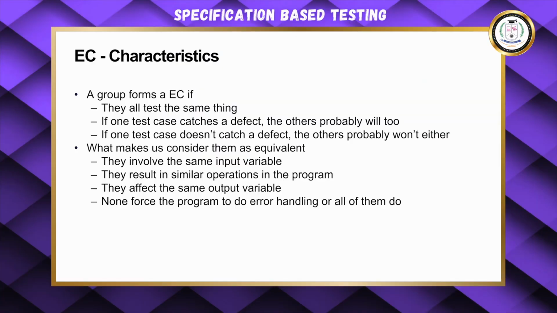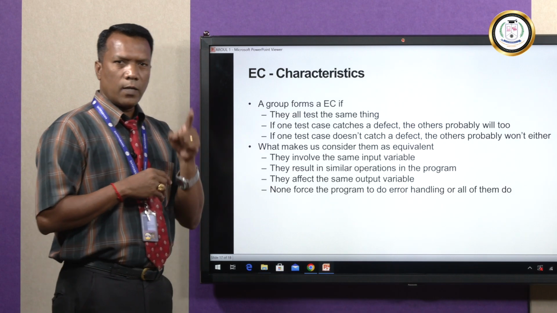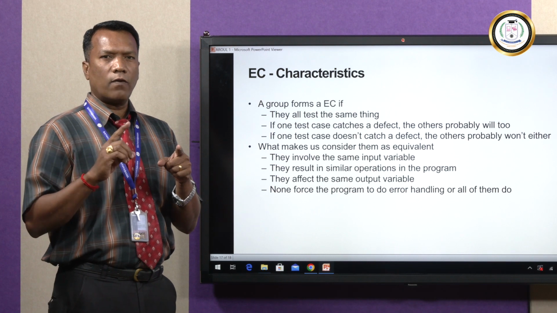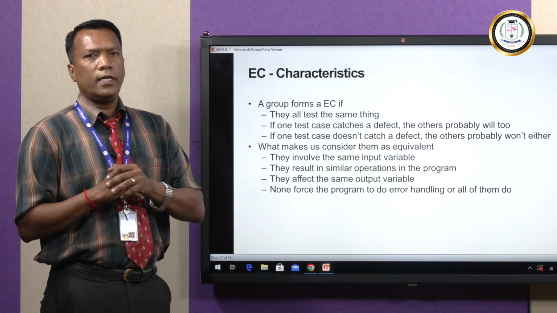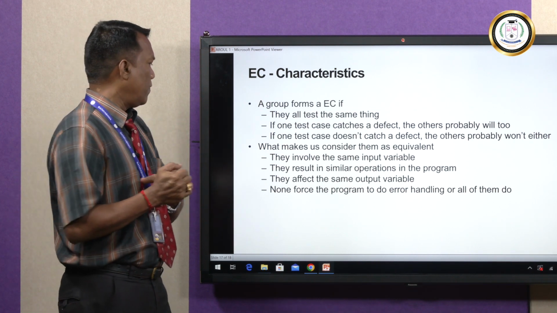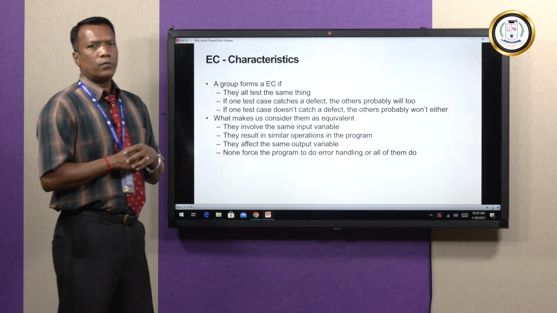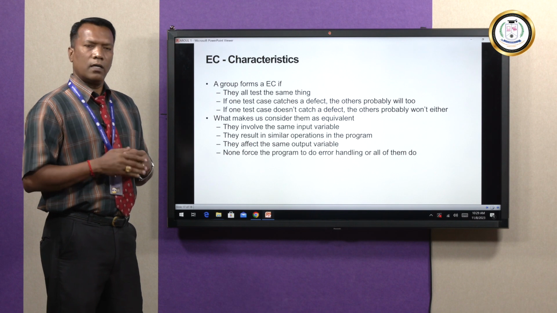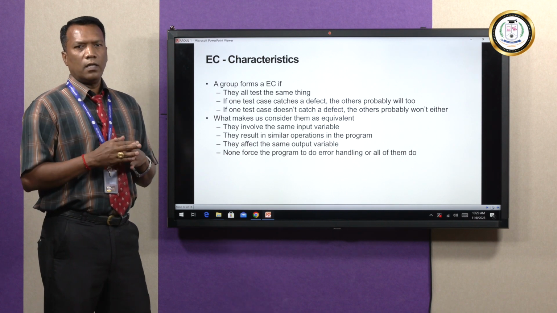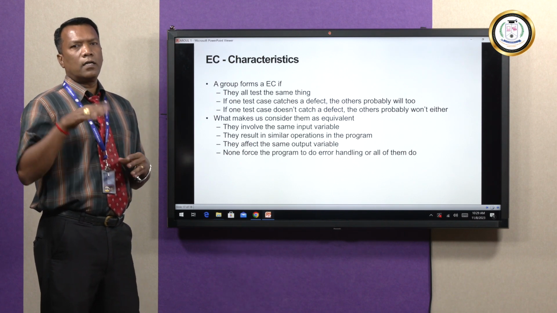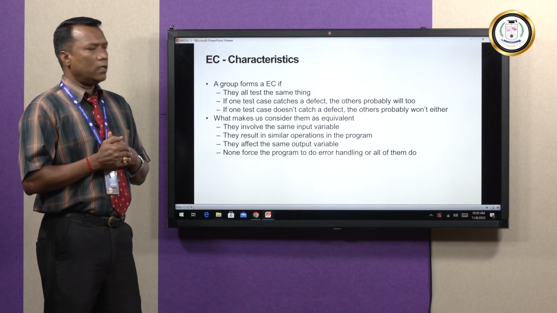They affect the same output variable. If one value gives an error, obviously it is going to provide an error for the second value. None force the program to do error handling, or all of them do. If one is not giving an error, none will give an error. If one is providing an error, the rest are also going to provide an error.